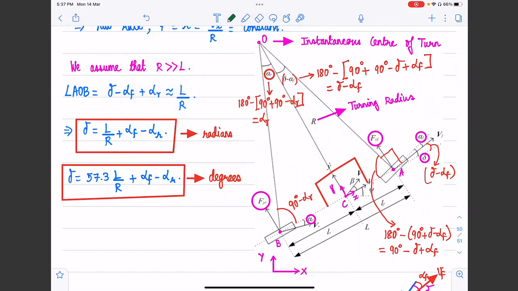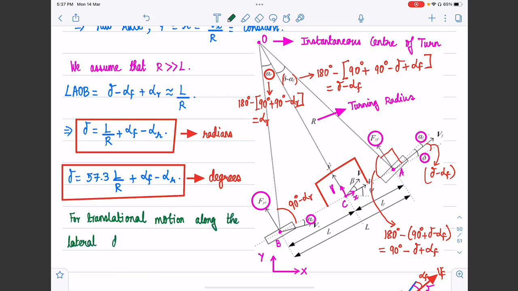We are now going to write down the equations of motion for the steady state turn. For translational motion along the lateral direction, as we know, if we add the lateral forces, they should sum to m times ay.